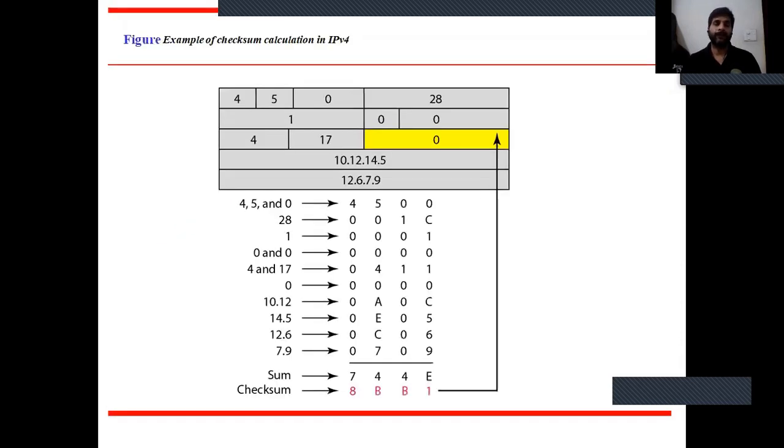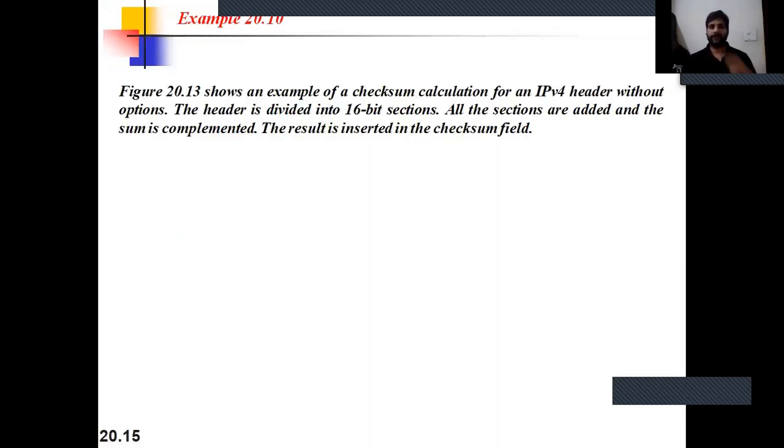Now show the figure: an example of checksum calculation for the IPv4 header without options. The header is divided into 16-bit sections. All sections are added and the sum is complemented. The result is inserted in the checksum field.